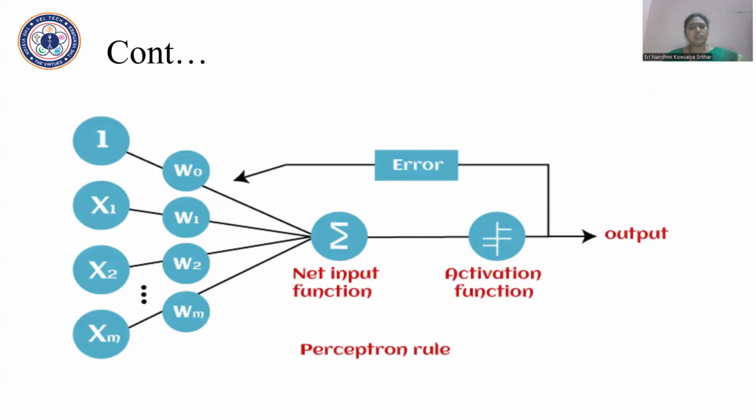Then in this we have a perceptron rule. Here we have input along with its weights, then we have a net input function, that is the summation of the input as well as weights. Then in the activation function we combine the net input function and the bias, and then we get the output.